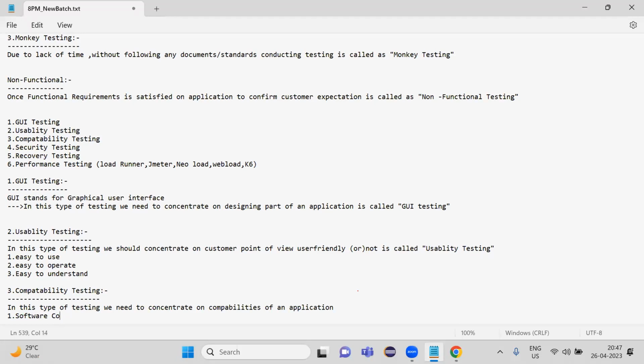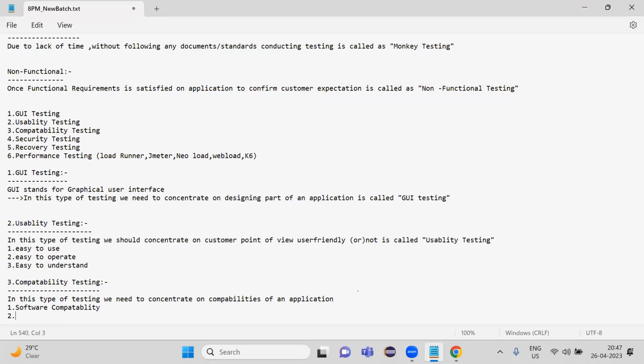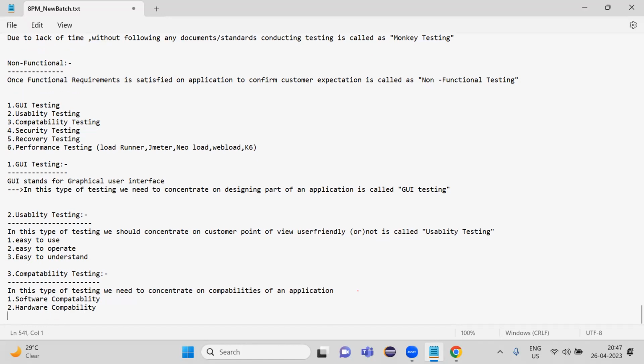Software compatibility, and the second one is hardware. What is the difference between software and hardware compatibility? Can anyone answer?